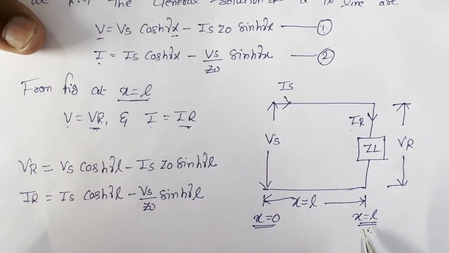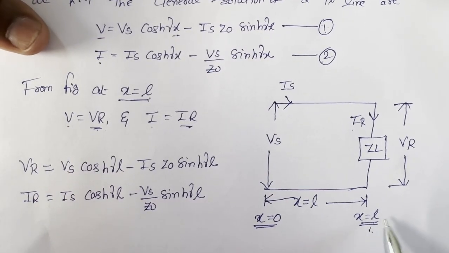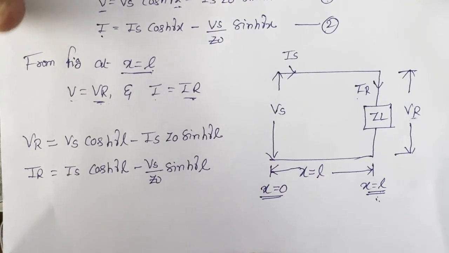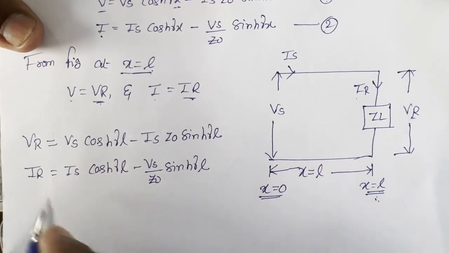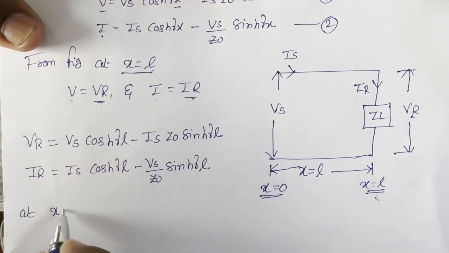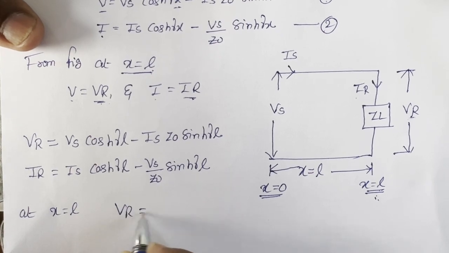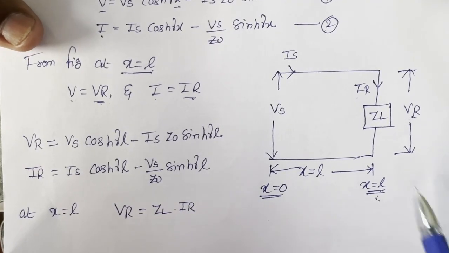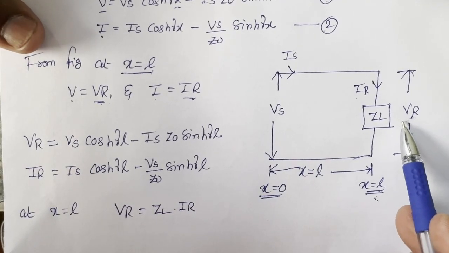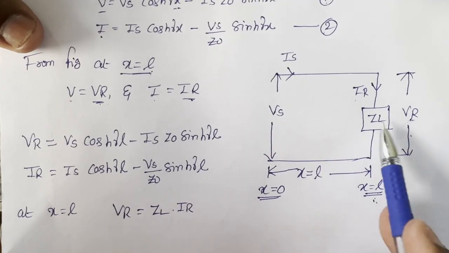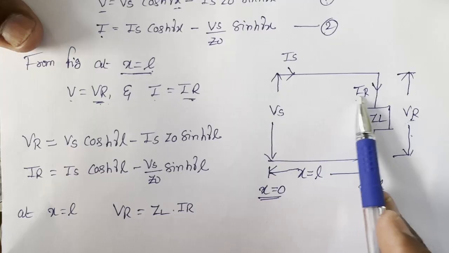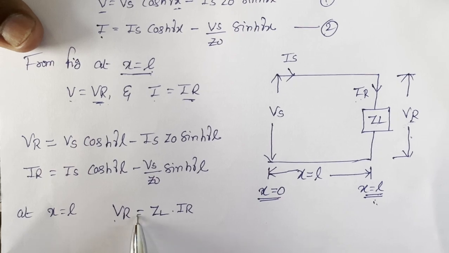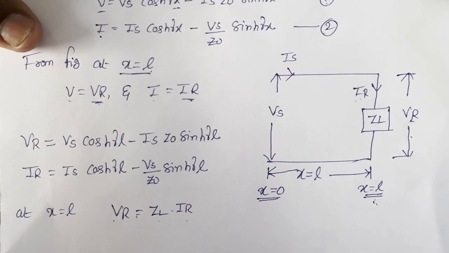Now at x equal to L, the expression for voltage Vr can be written as Vr equal to ZL into IR. It is the general formula: V is equal to I times the impedance, where I is nothing but IR and the impedance is the load ZL. So Vr equals ZL into IR.